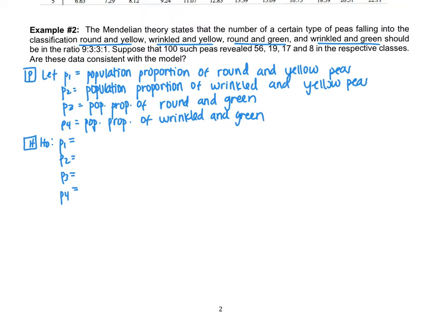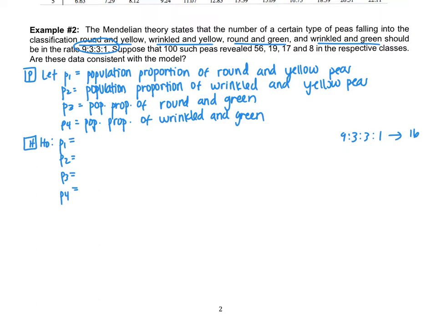Okay, we are assuming that the P's are consistent with Mendel's theory. So Mendel's theory is that 9 to 3 to 3 to 1. If I add them all up, I get 16.